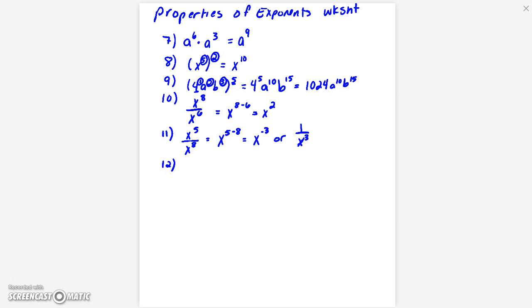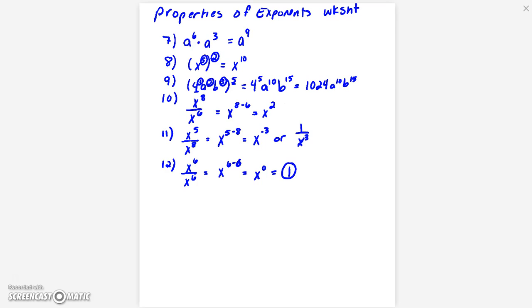12, x to the 6th over x to the 6th. This is kind of two properties. We have the division, so I'm going to say 6 minus 6. But what that turns out to be is x to the 0 power, and that's just 1. So the answer to number 12 is just the number 1.